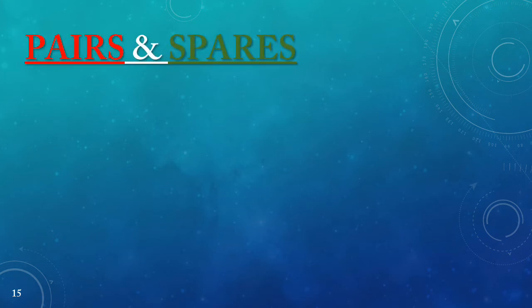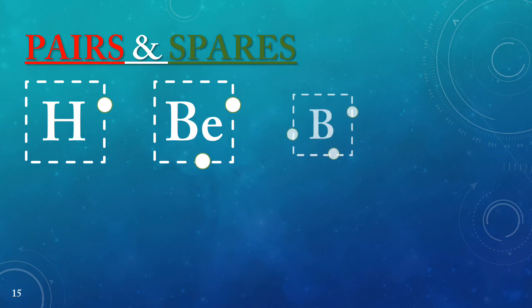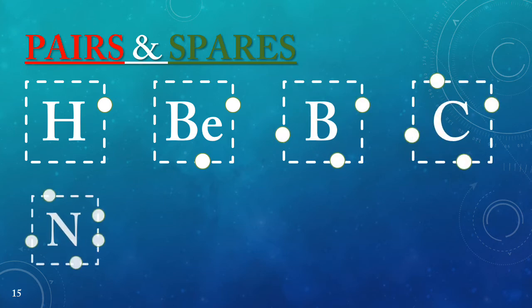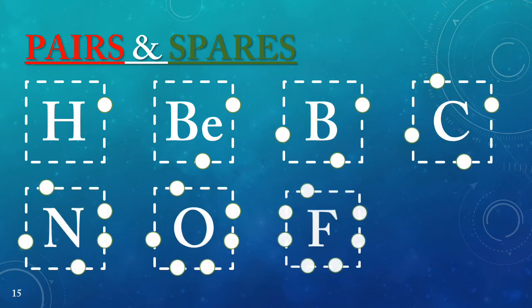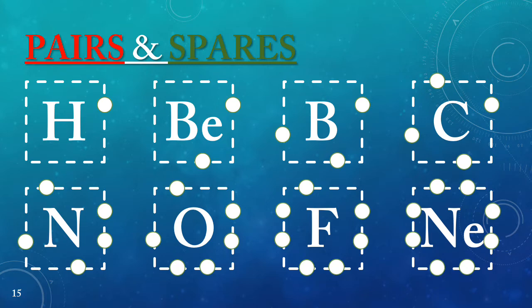Now, we're going to talk about something a little different today, and I call this pairs and spares. We're going to look at one element from each of the A groups. So I have hydrogen representing group 1A, beryllium is 2A, boron is 3A, that's our friend from earlier lessons.